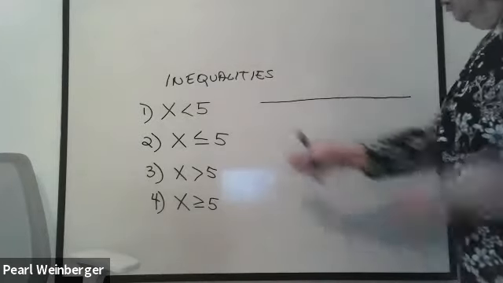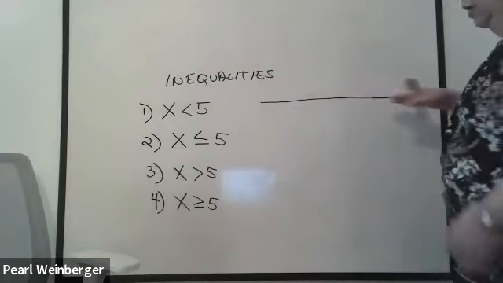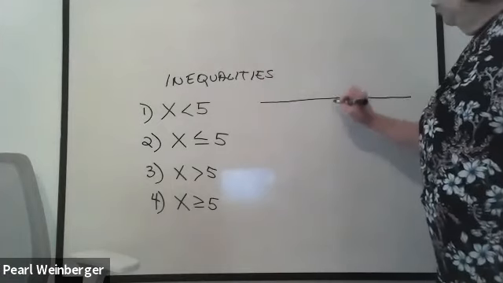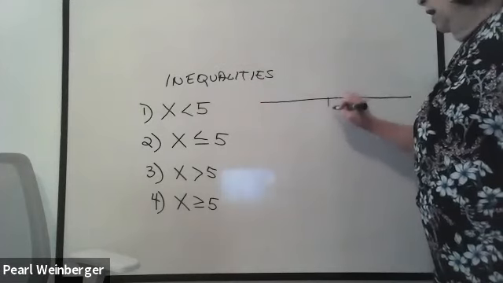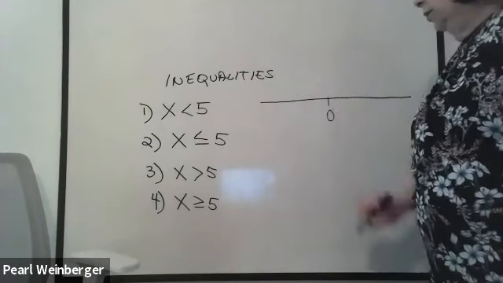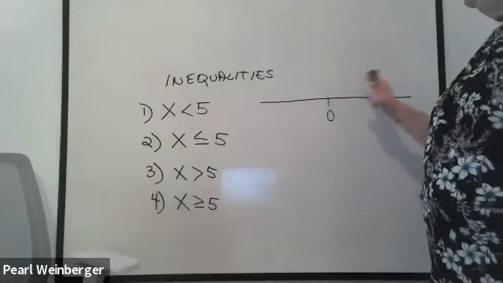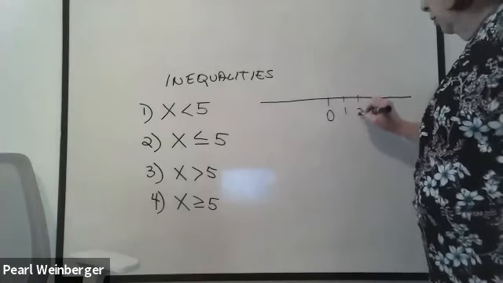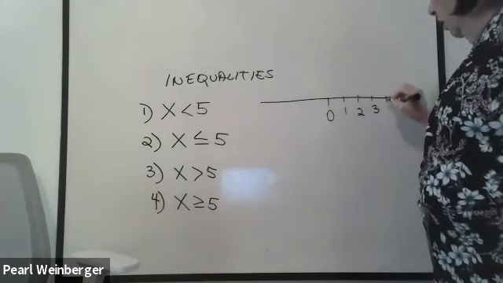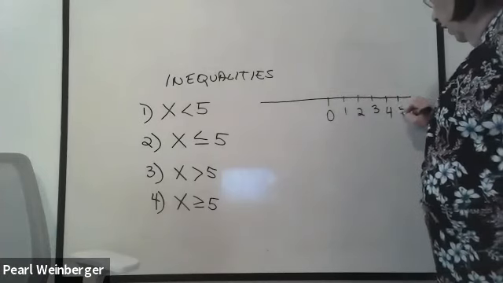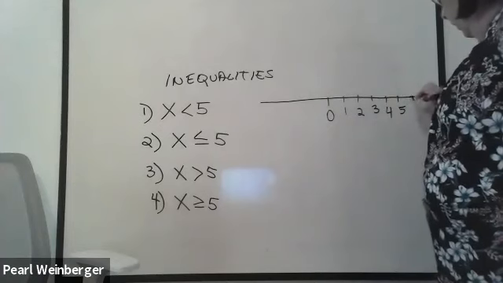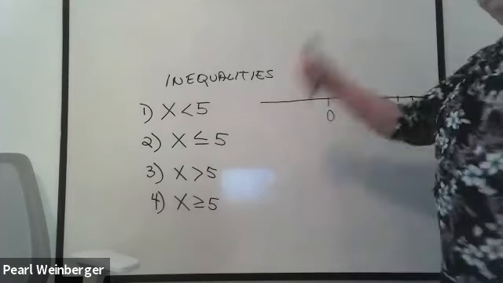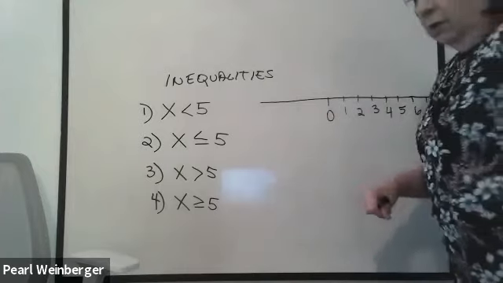It could be a vertical line, but usually we make our number lines horizontally. We pick one number towards the middle and pull it to 0. And the numbers to the right, we just do spaces 1, 2, 3, 4, 5, 6, and go on, obviously all the way to the right.